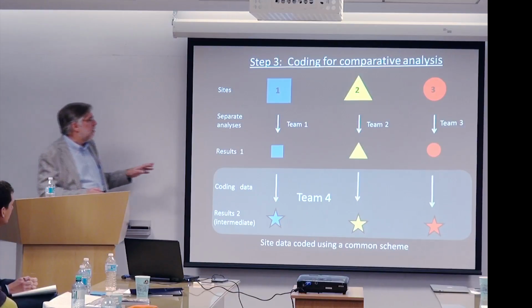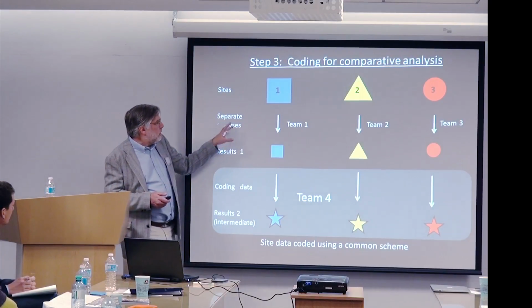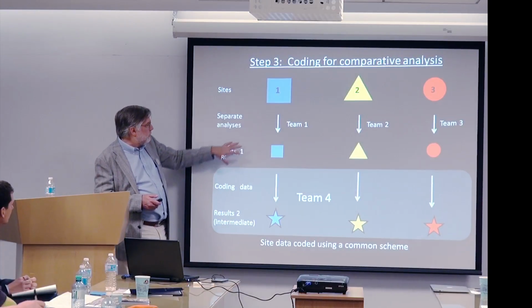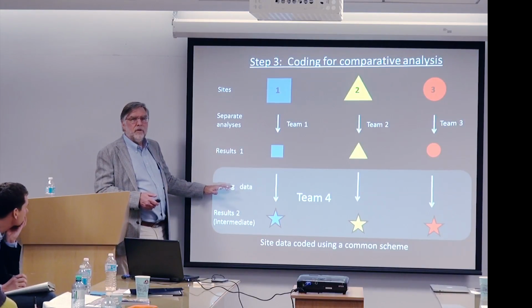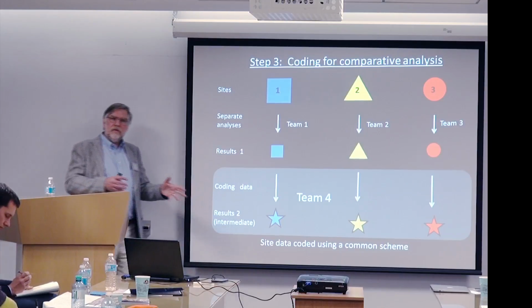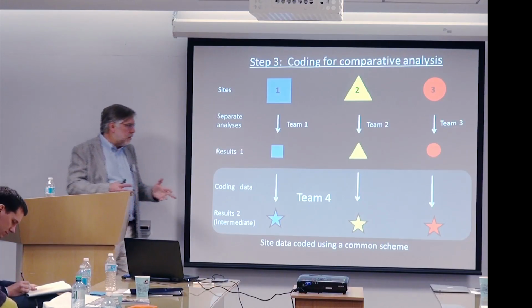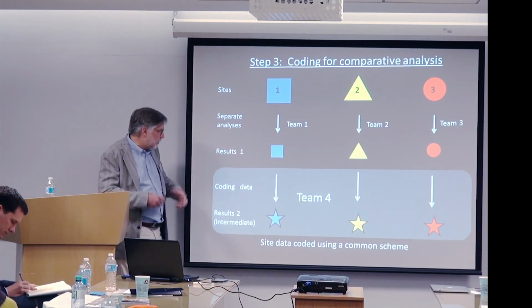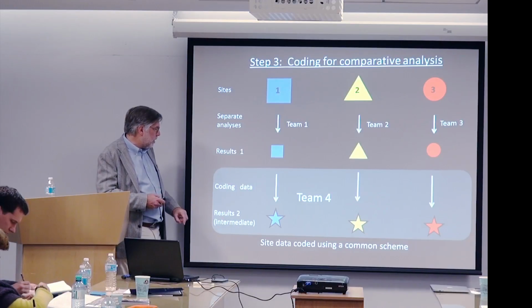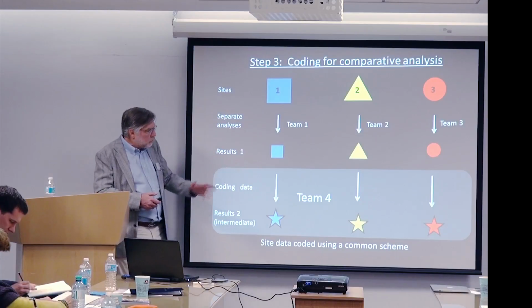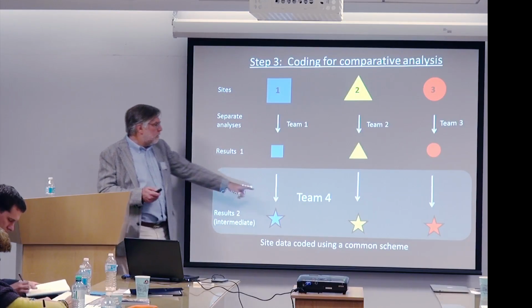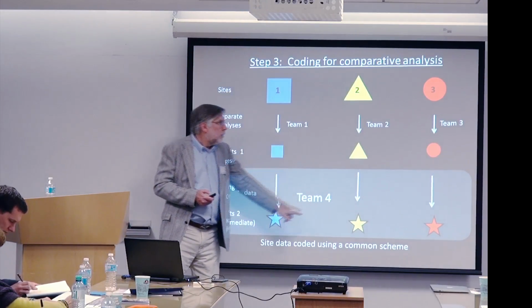For comparative analysis, you have your team, you get your data, you analyze your data, you get some results, and then you have to code the data. And this is the hard step. You have to take your data and put it in a standard format that can be compared among sites or regions or buildings or whatever, and you end up with some intermediate results, and then you do your comparative analysis. Now, notice here, team 4.